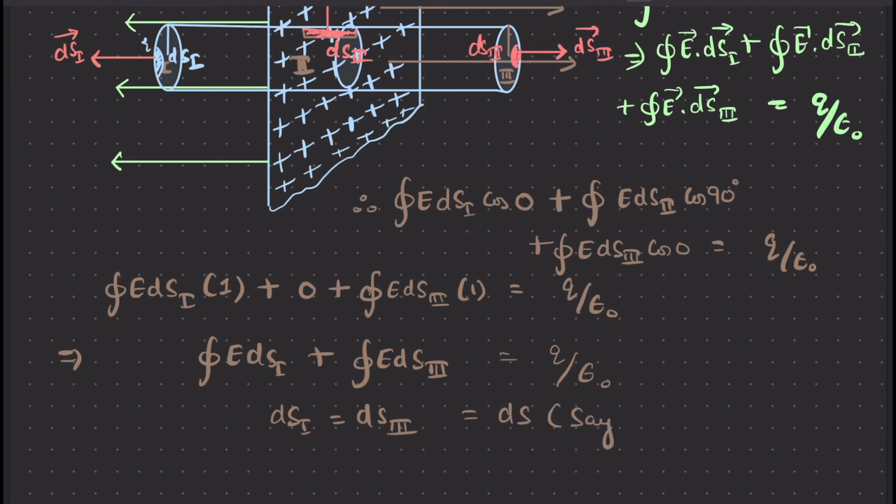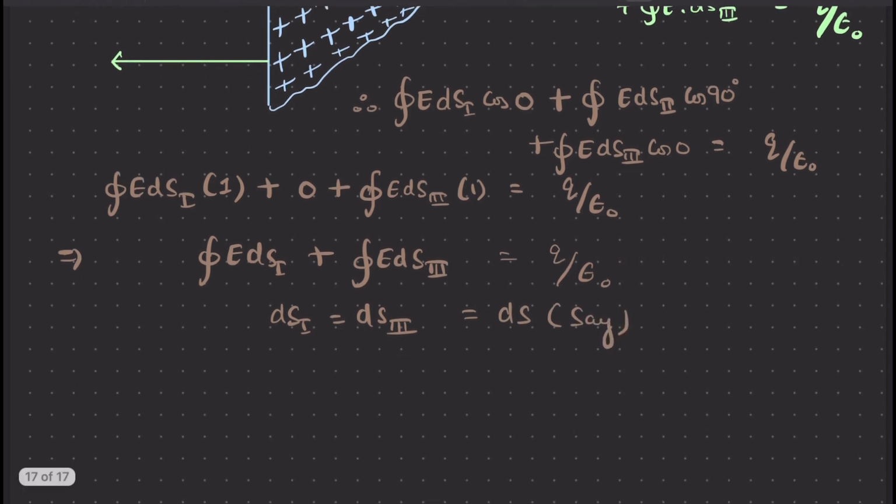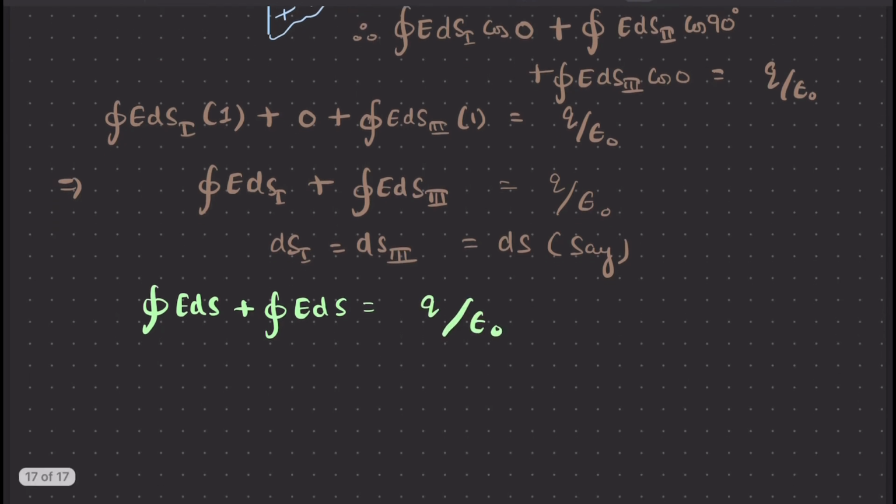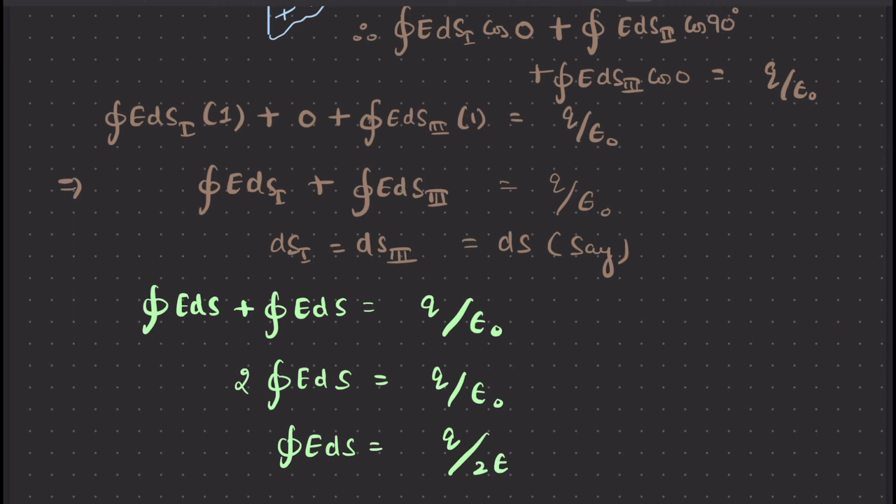So this equation gets converted to closed integral E ds plus closed integral E ds equal to q upon epsilon naught. From here we have 2 times closed integral E ds equal to q upon epsilon naught, and so closed integral E ds is equal to q upon 2 epsilon naught.